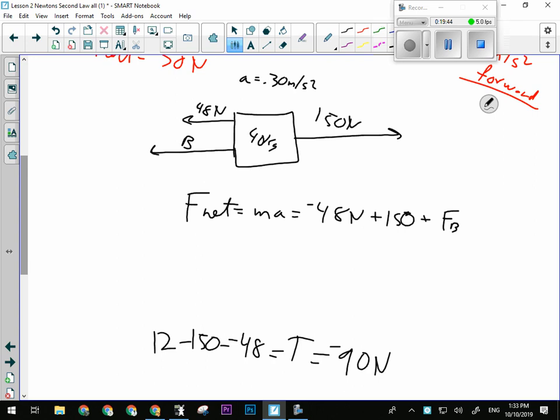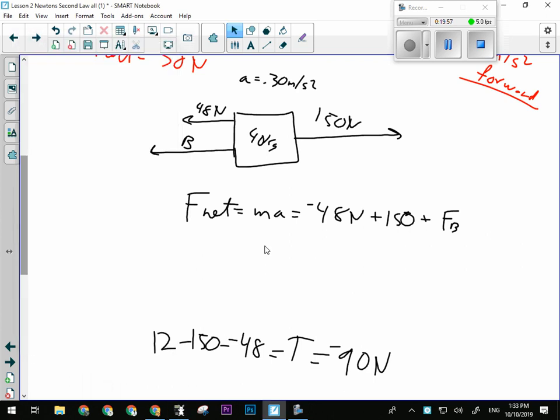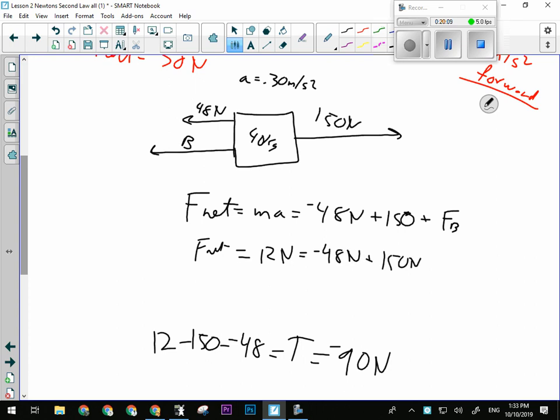So I'm going to find what m times a is, so 40 times 0.3, which is 12. So we've got 12 newtons as my net force, 12 newtons forwards. And that's going to equal negative 48 newtons plus 150 newtons plus the force in B.